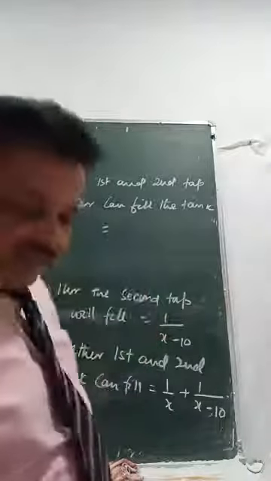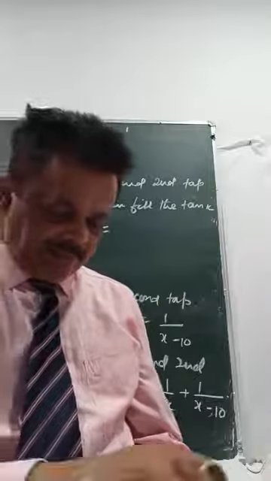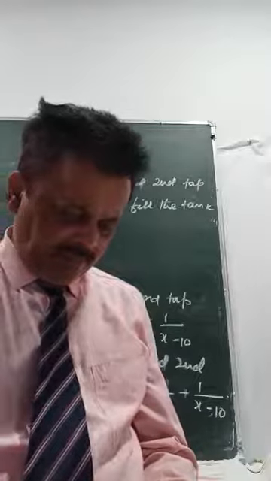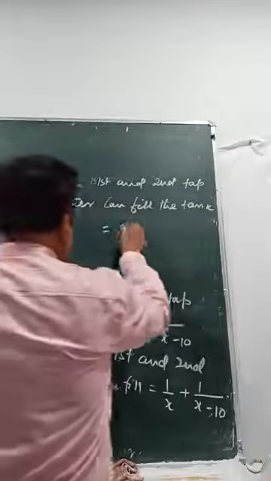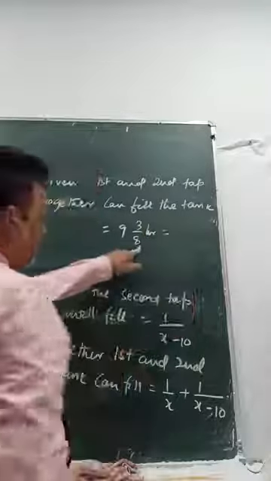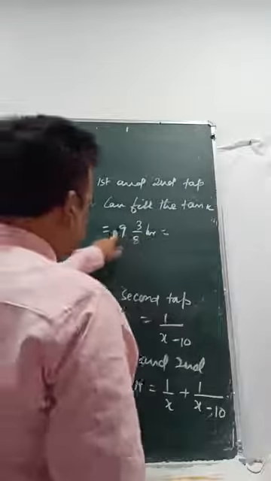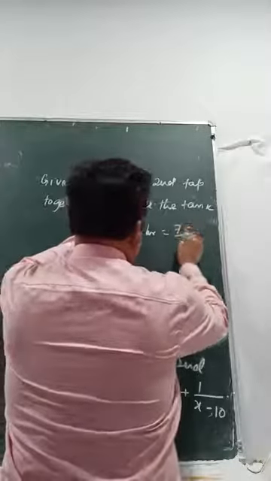I think it is 9 3/8. Let me check it again. 9 3/8. So 9 3/8 means 8 nines are 72, 72 plus 3, 75 by 8.